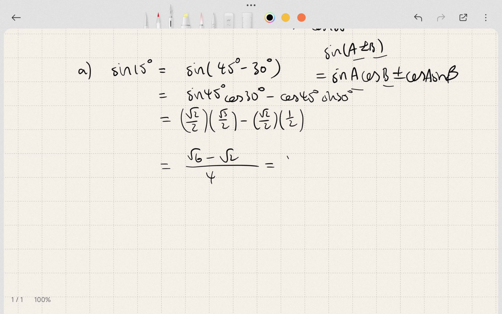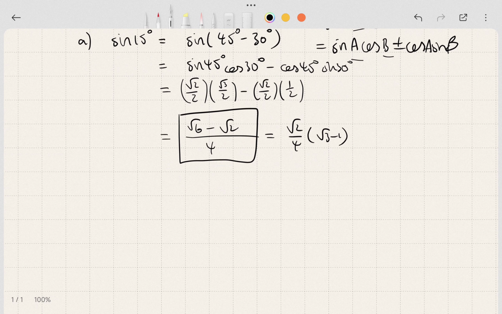Obviously you can do this, but it's not recommended. So let's check the answer here: sine 15 degrees is equivalent to square root of 6 minus square root of 2 over 4, which is correct.